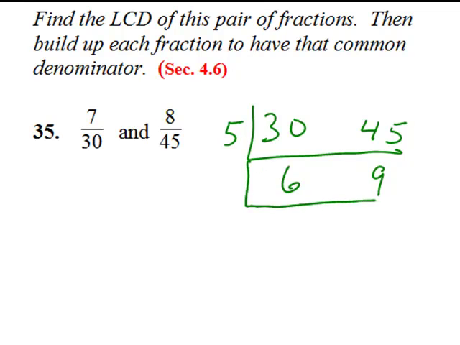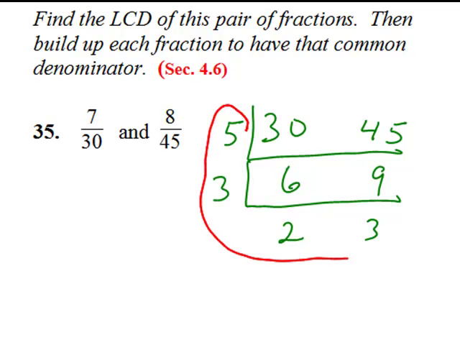Then with 6 and 9, we have a common factor of 3. 3 divides into 6 twice, into 9 3 times, and the next common factor is 1. So we really don't need to go any further. But the least common denominator is found using this set of numbers right here.